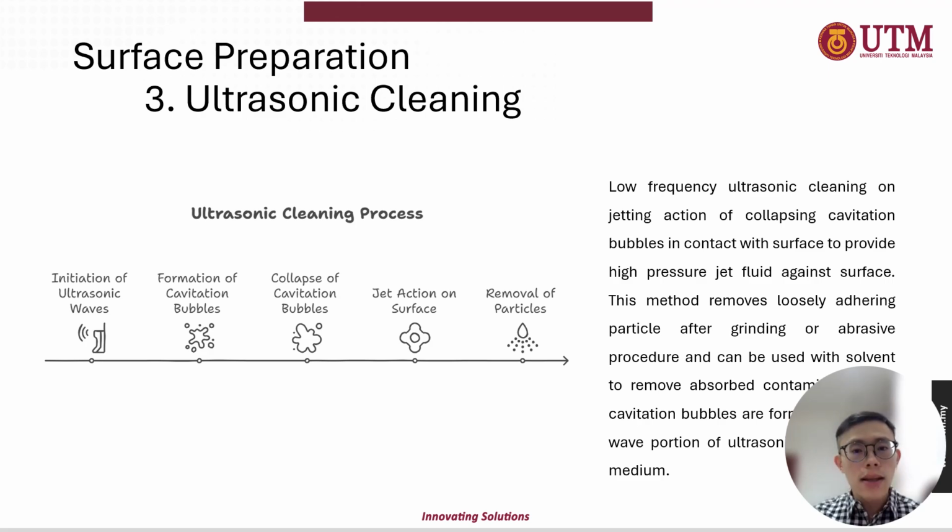If we look over here, the ultrasonic cleaning begins with the initiation of the ultrasonic wave in the ultrasonic tank bath, then the formation of cavitation that attaches to the contamination and collapses. Once they collapse, the main aim is to break away the contamination. Then we see the collapse of the cavitation bubble followed by the jet action of the cleaning and the removal of the particles on the surface.